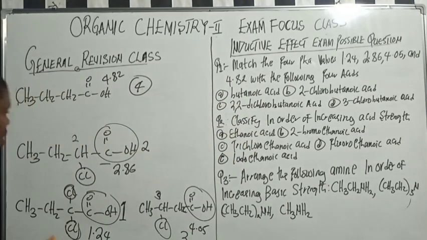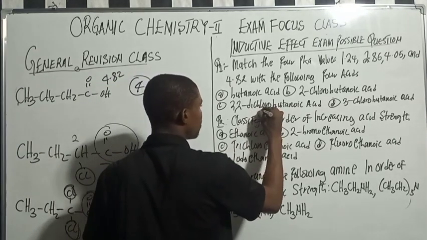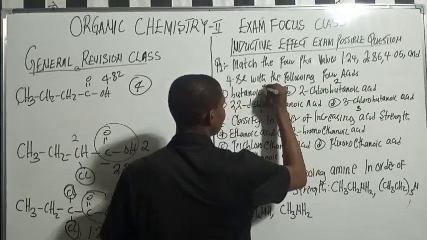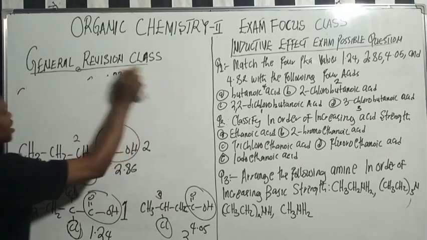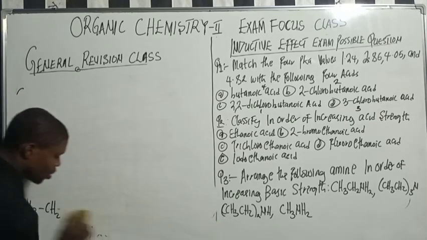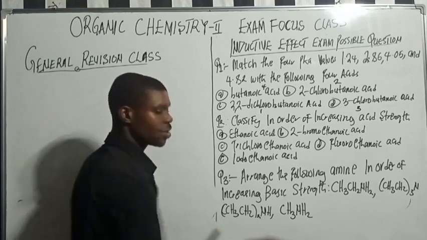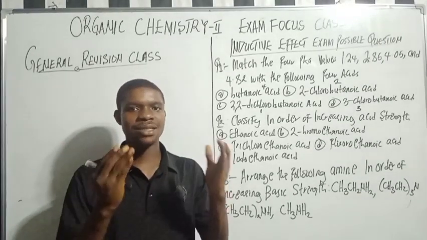If you are asked, here is my strongest acid, my number one, this is going to be my number two, my number three, and my number four. Do you see that? So if they ask you now to arrange them in increasing order of acidity, this is where so many students fail this type of question.